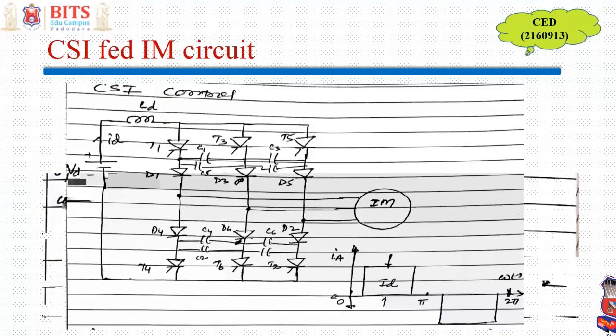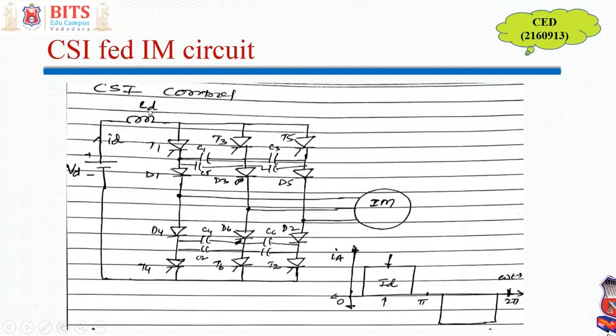How will the circuit be? The circuit of a current source inverter fed induction motor drive will be like this. You can see that here we have used thyristors and not BJTs or MOSFETs or IGBTs. Why? Because CSI fed drives are used for large rating machines, and for large rating power electronic devices, we have only the option of thyristors.